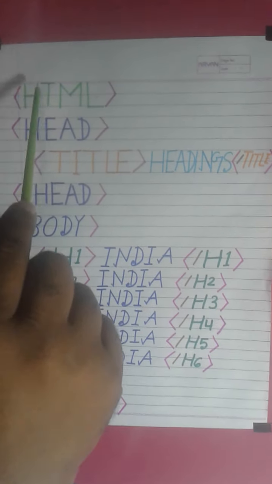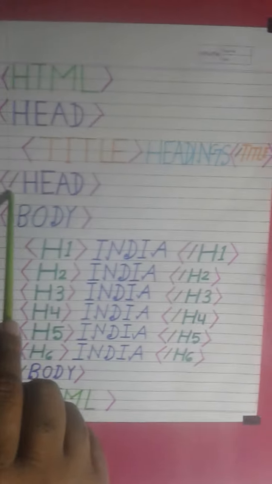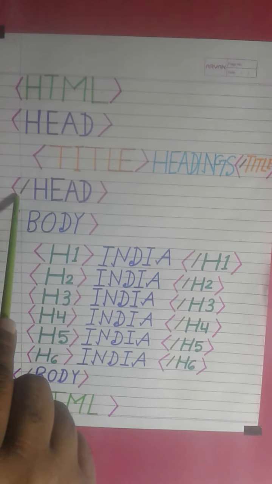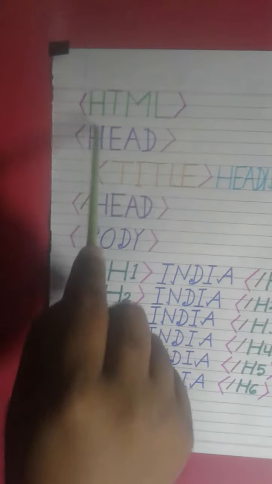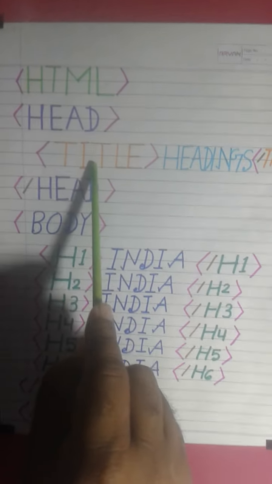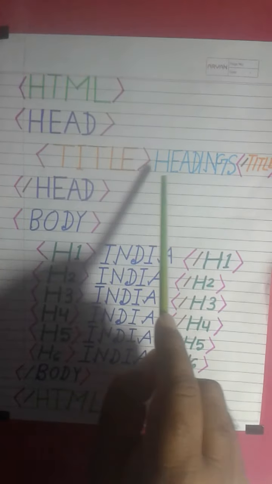You can see the forward slash here. After the HTML tag we give the head tag. Look here, this is the start head tag, this is the closing of the head tag, and between the head tag we use the title tag. This is the start title tag and this is the close title tag, and you can give here any heading, like I use headings.